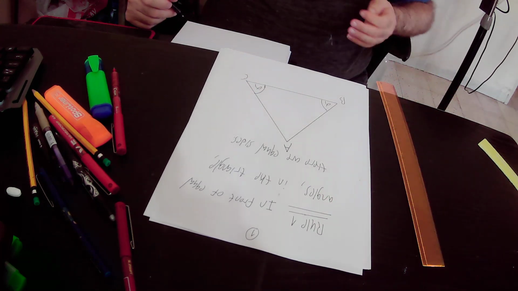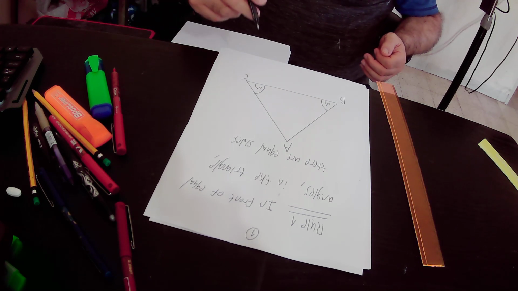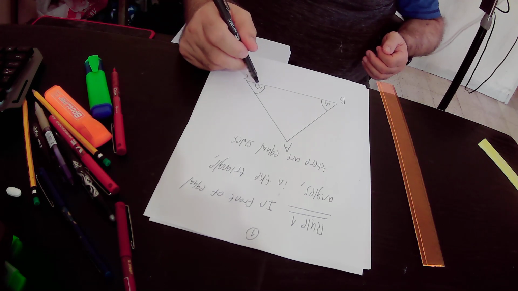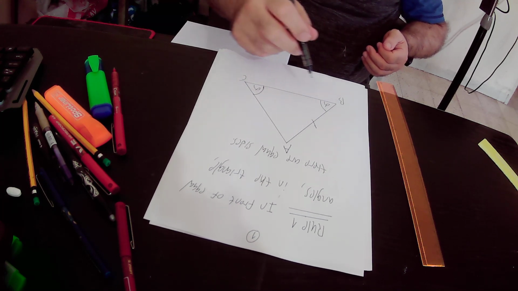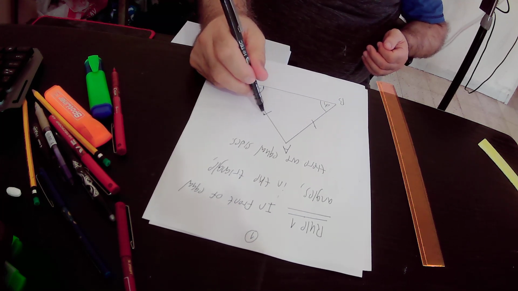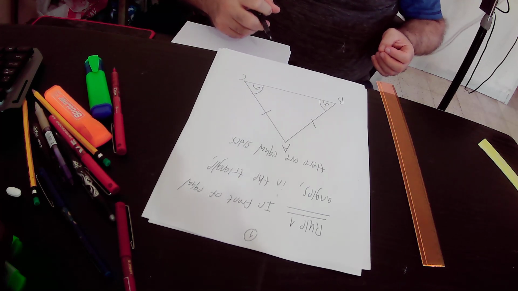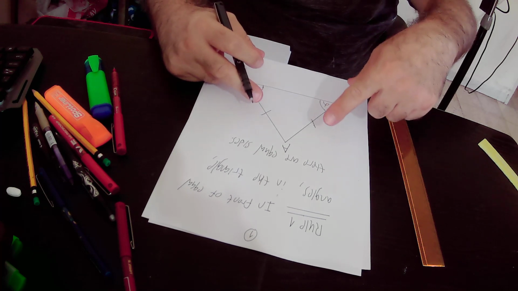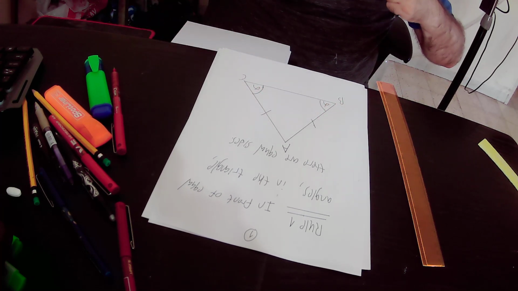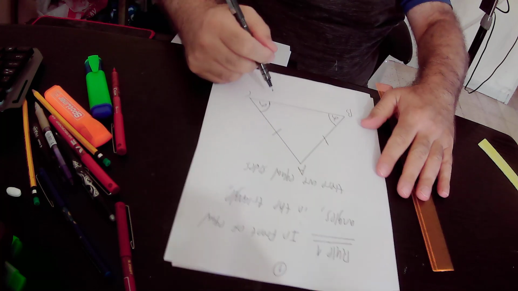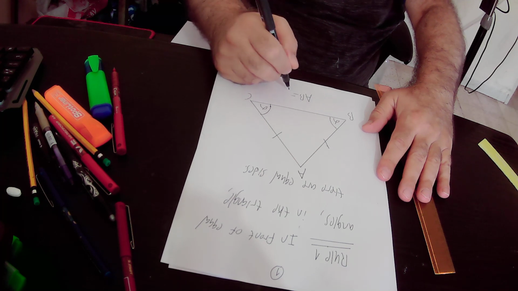According to rule number 1, in front of this angle alpha we have side AB, and in front of this angle alpha we have side AC of triangle ABC. The sides that are in front of the equal angles are also equal between each other. So AB is also equal to AC.